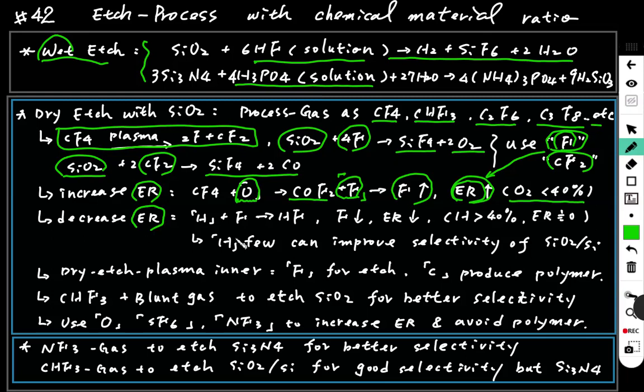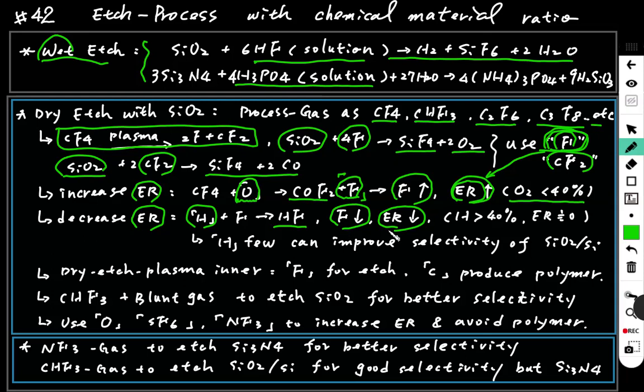If we want to decrease etch rate, we use the H. The H adds to F to be HF. That means F decreasing, the etch rate decreasing at the same time, because we use the F to etch the silicon oxide.